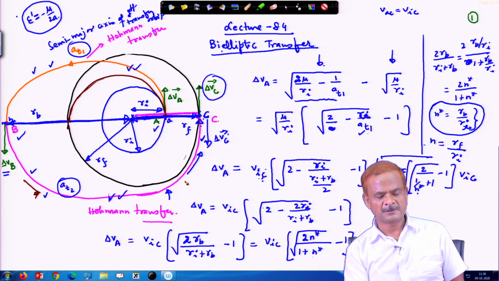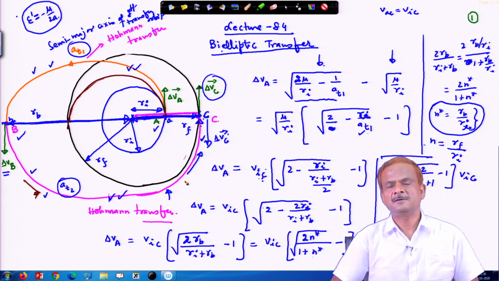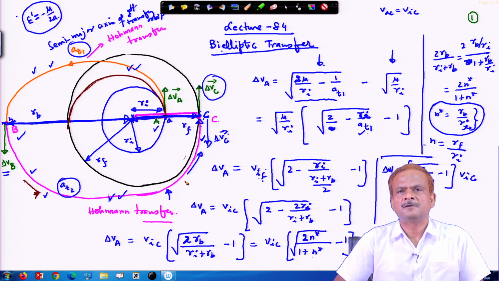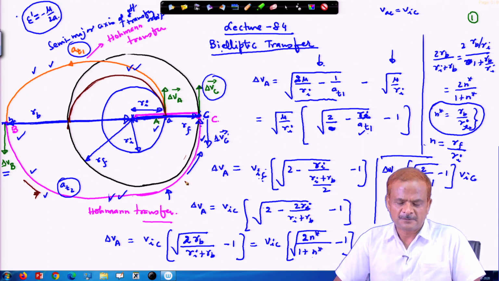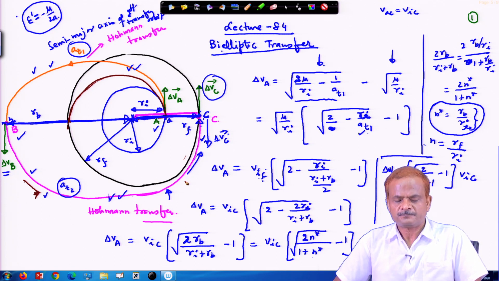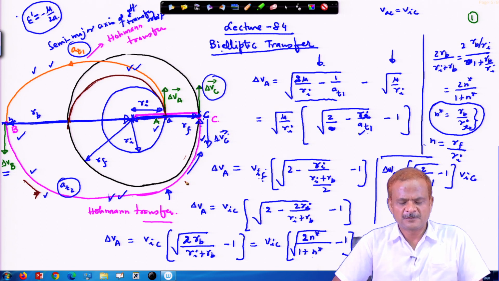So, the bi-elliptic transfer may be better than the Hohmann transfer in terms of energy consumed, and it depends on the condition which we need to look into. But the time of travel drastically increases, and therefore this kind of orbit can be used if and only if you are not worried about the time.